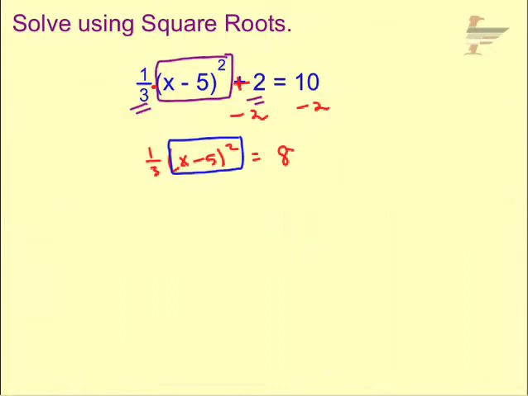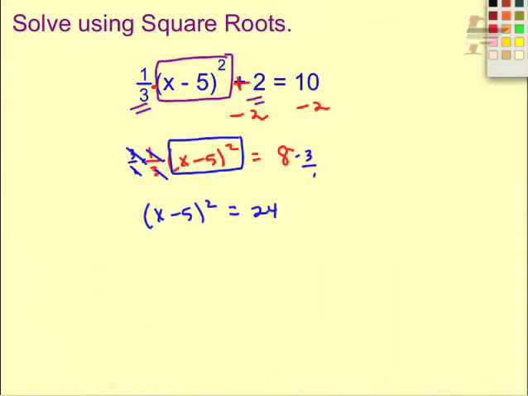We haven't done this in a while, but if you remember, my favorite way to get rid of a fraction is to just multiply by the reciprocal. Because it's 1/3 times a whole thing in parentheses, we can go ahead and multiply by 3/1, which means we multiply the other side by 3/1, because those are going to cancel, and we're left with (x minus 5) squared equals 8 times 3/1, which is 24.